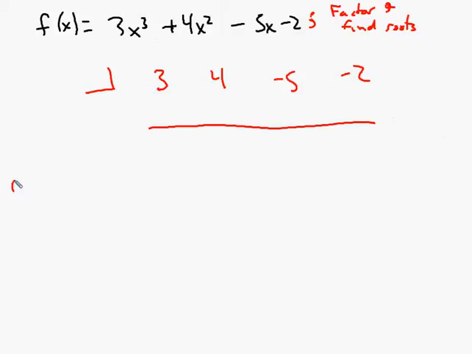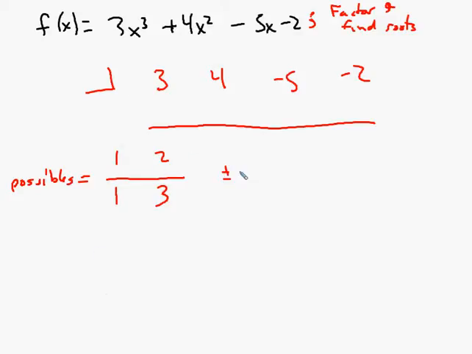I need to list my possibles. My possibles are factors of the last over factors of the first. So my factors of the last, 2, are 2 and 1, and that's it. My factors of the first, 3, are 1 and 3, and that's it.